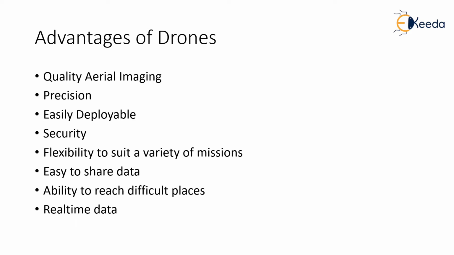For example, drones can be deployed during riots to find out the gathering or entry point of people to take appropriate action. Also, the real-time data can be transmitted to various locations, enabling multiple authorities to assess the situation and take immediate action using the drone. These are the various advantages of using drones.